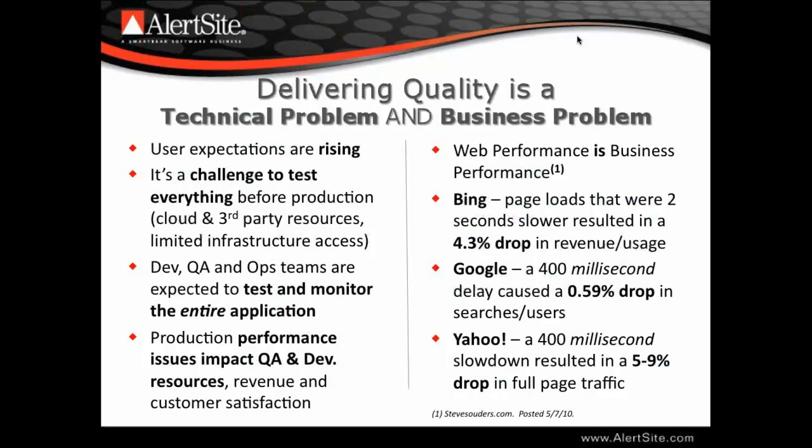Delivering quality is a technical problem and a business problem. Why is this more important today than ever? Interactions with all the different user constituencies through a web browser, and the business results produced from those, are ever increasing for many of our organizations.